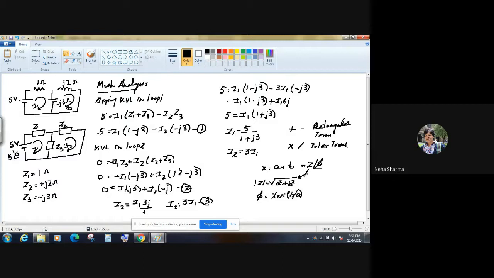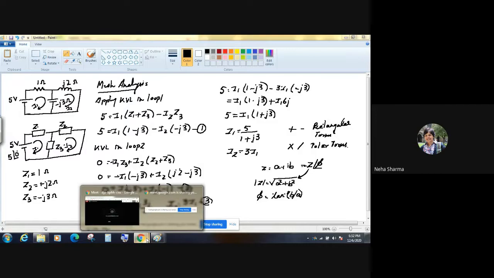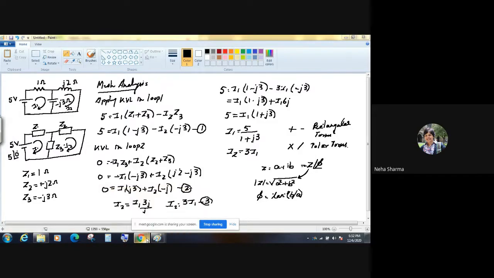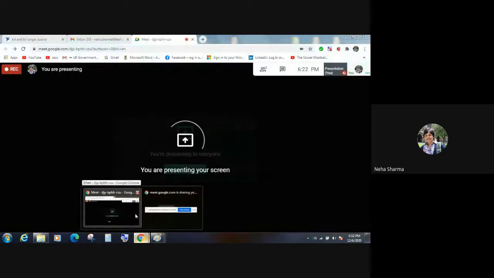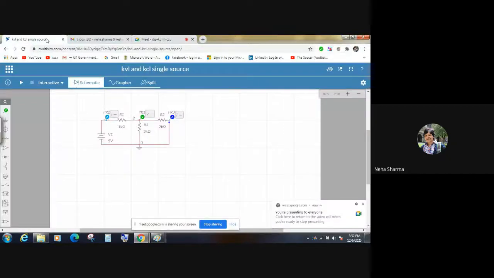Now let's see how these same circuits look when I solve them using Multisim and what answers they give. When I go to Multisim, this is my first circuit and I have already connected the probes here. Let's see if we get the same results.